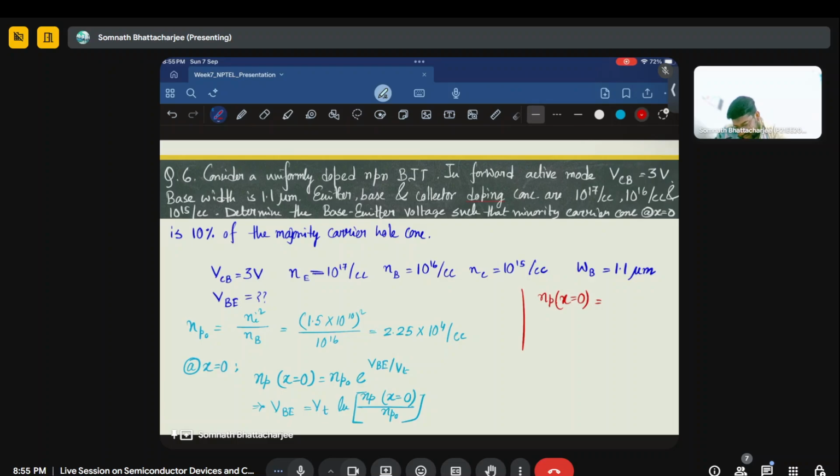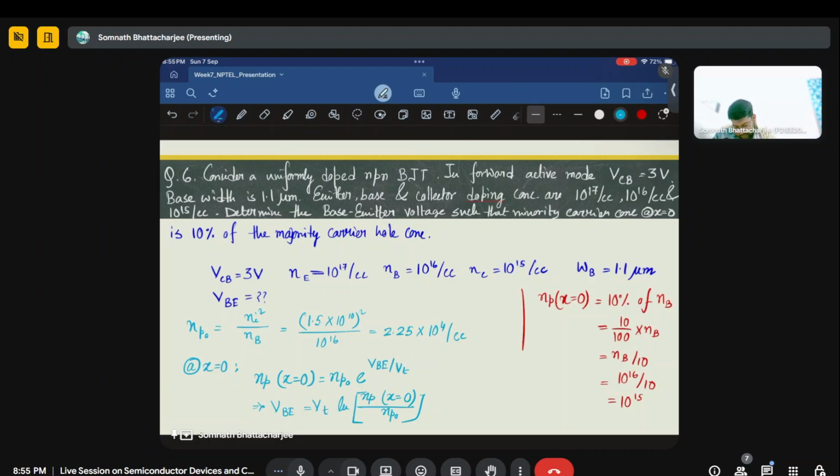It was given as 10% of the majority, sorry, this is 10% of NB, or 10 by 100 of NB, or NB by 10. So we know the value is 10 to the power 16 by 10. So this is 10 to the power 15.